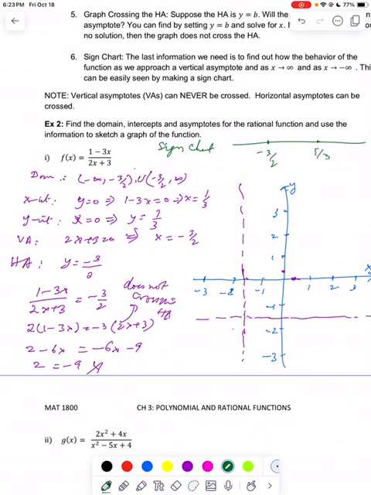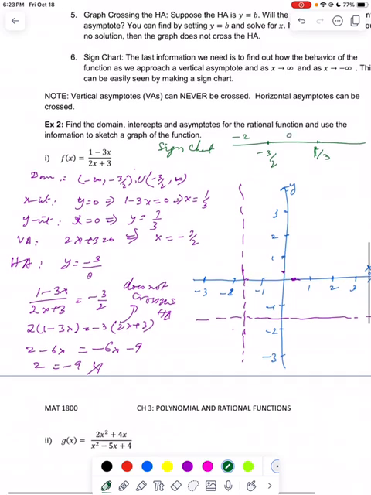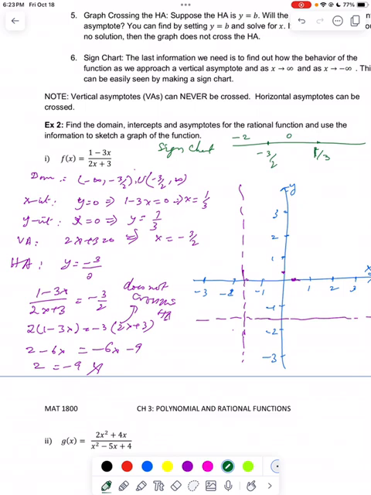So we pick a value on the left side, for example -2, I can pick 0 here, and I can pick 1 over here. When I plug -2 into the function, -2 will make this quantity positive, so you get 1 plus 6, and the bottom will become negative.